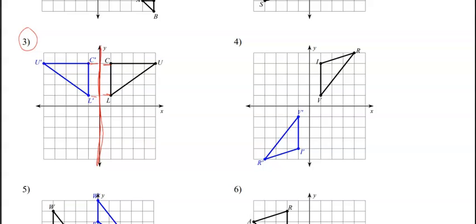So if you folded the taco shell over the axis, would they line up? Would your pieces line up? So if we folded that paper across the y-axis, would the 2 triangles line up? And yes, they would. So since we can fold them, it is a reflection across the y-axis.